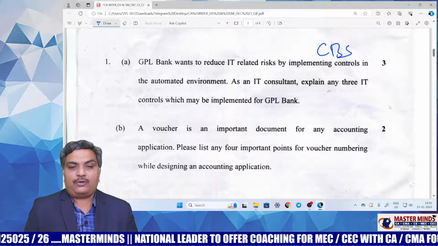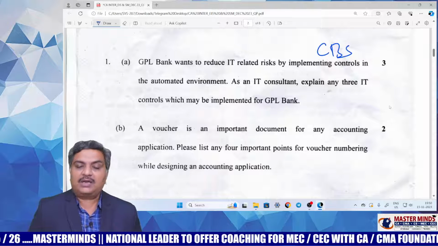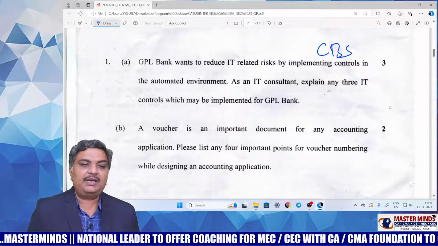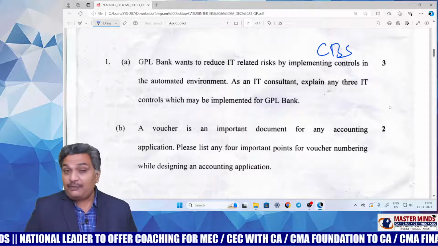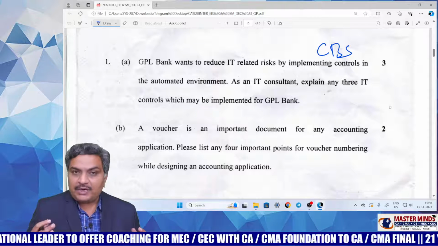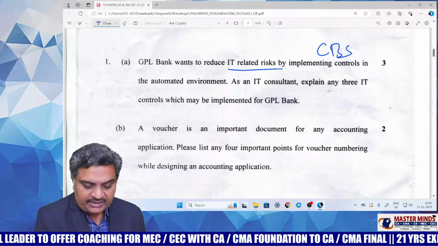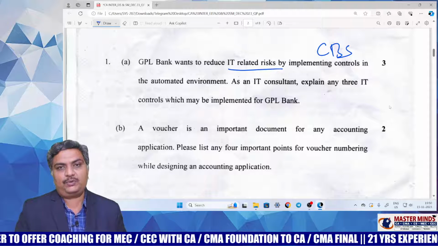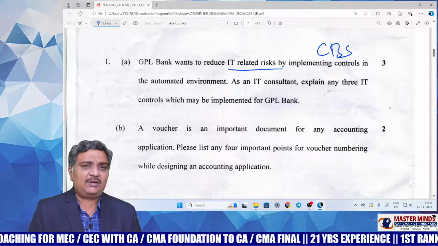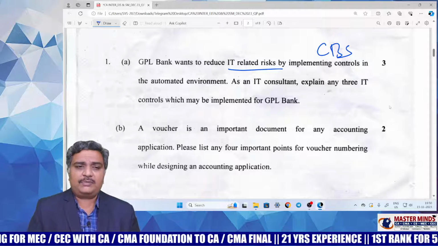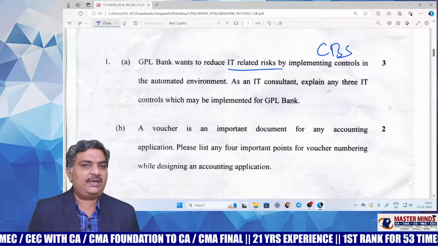In core banking systems, you will have the controls that you need to implement for a bank. So this question has been asked that if you are an IT consultant, in order to reduce the IT related risks, what kind of controls you need to implement? You have more than 10 controls, and out of them, you just need to write only 3 controls.